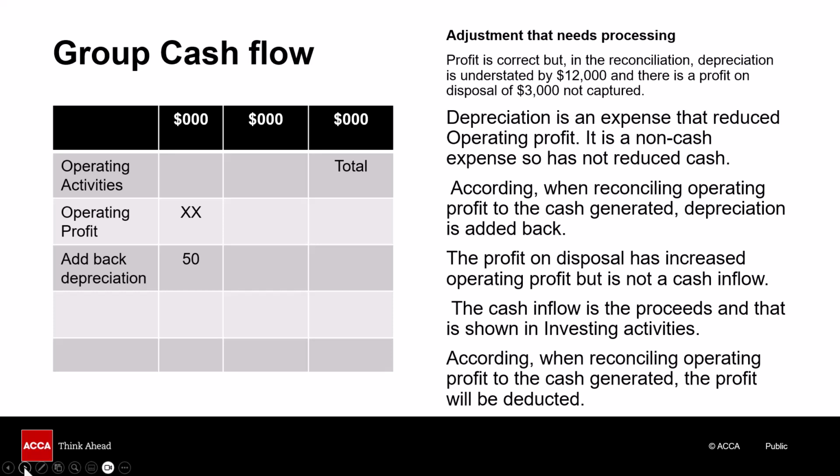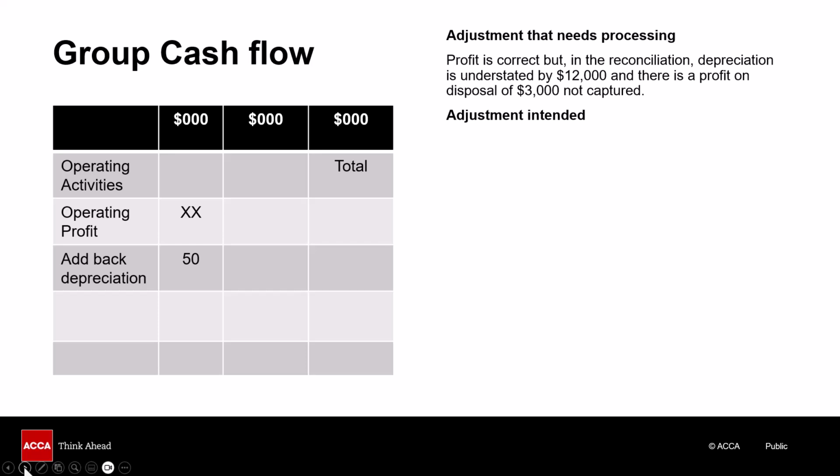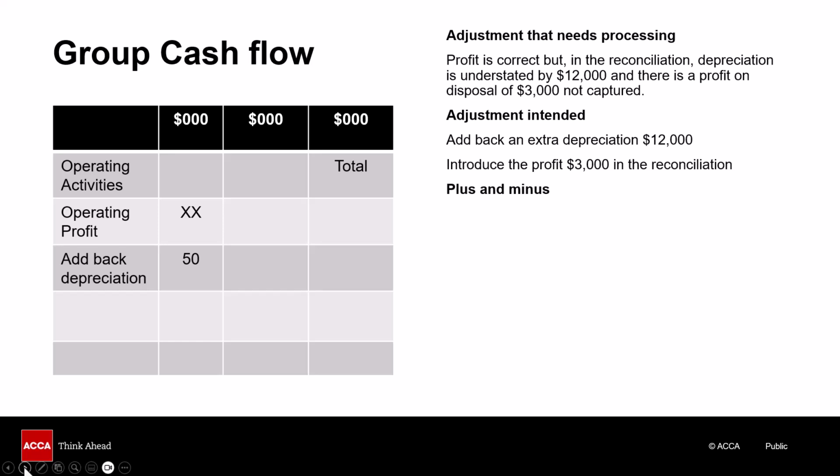So let me show you. We've got the words. We can explain what's going on if we're having to. And the adjustment we're intending is to add back the depreciation and to introduce the profit of 3 into the reconciliation, and that'll be done as a minus. So we add back the depreciation of 12, which hadn't been taken into account, but we minus the profit of 3.